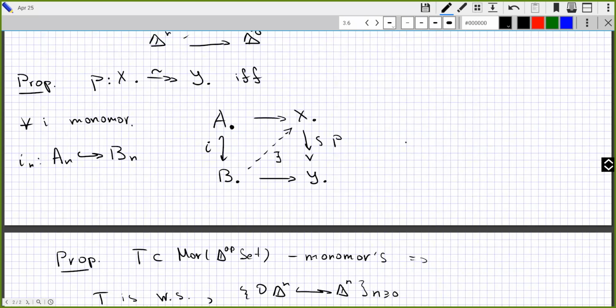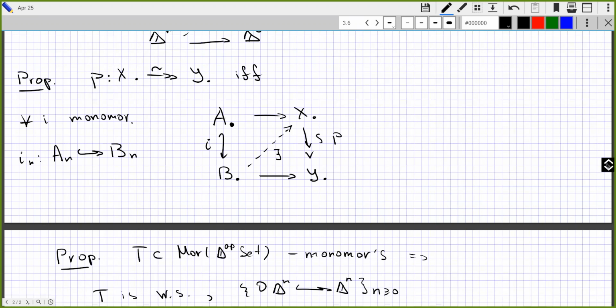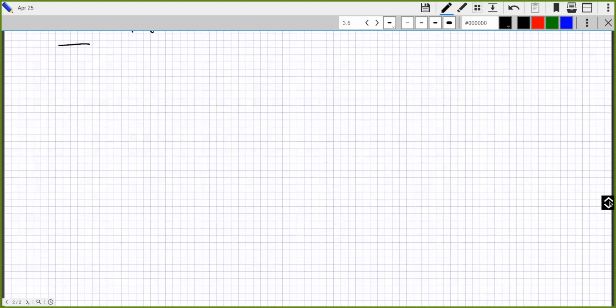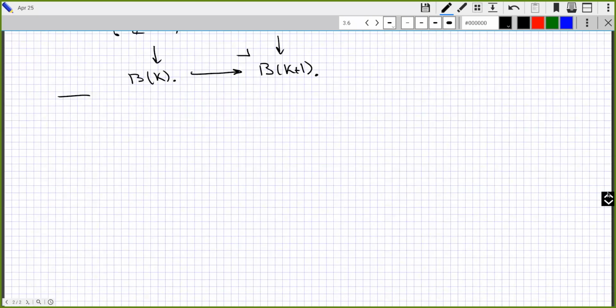And now we are kind of able to prove this proposition about trivial fibrations. Well, the proof goes like this.